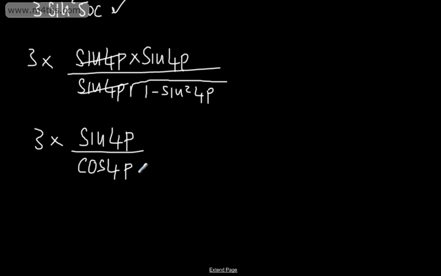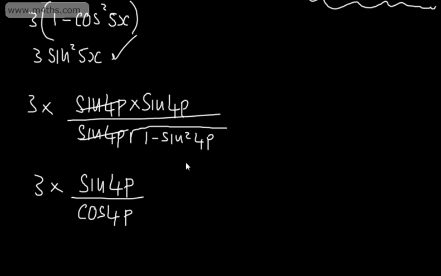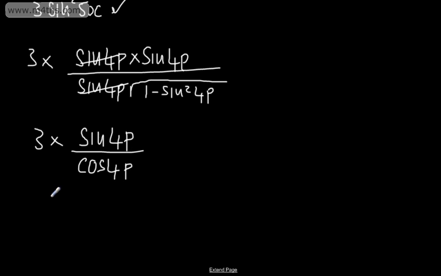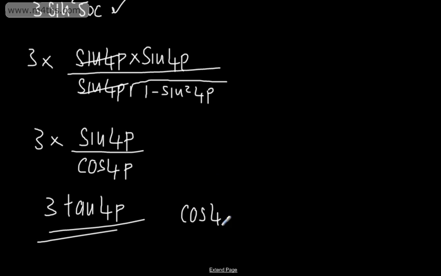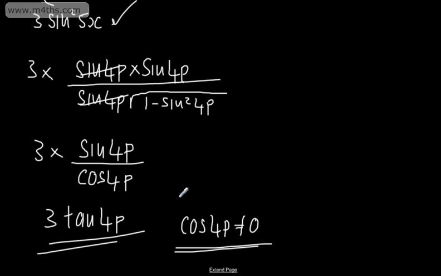We know that sine x over cos x gives us tan x, so we're going to have 3 tan of 4p. And that holds as long as cos 4p doesn't equal 0, so cos 4p cannot be equal to 0. That's essentially the condition for this to hold true.